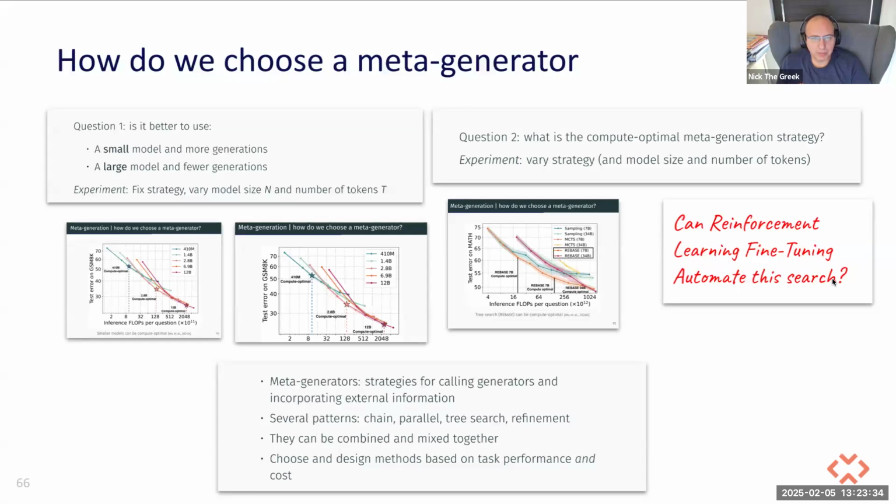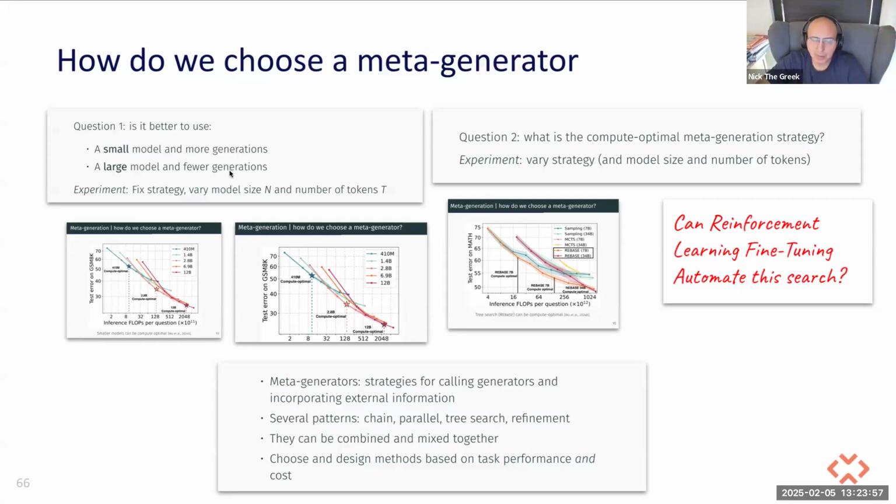And of course, the biggest question, and the paper goes through the tutorials in detail, is: I'm designing a system with agents, how do we choose a meta generator? The first question is, do I need a small or a large model? A small model with more generations or a large model with fewer generations.